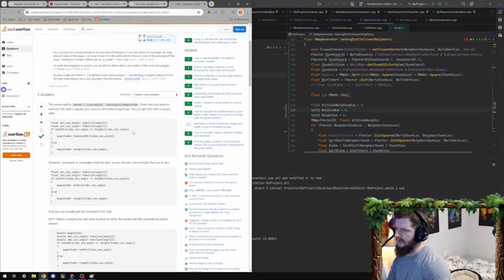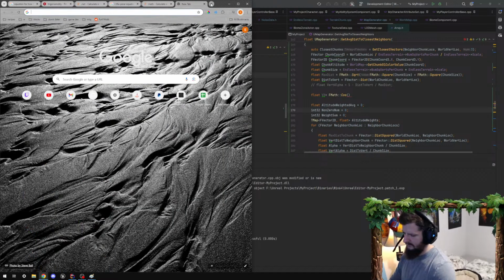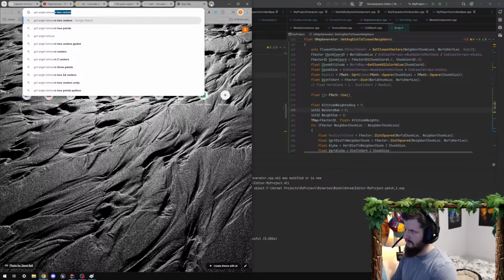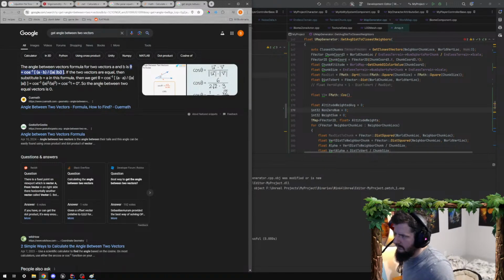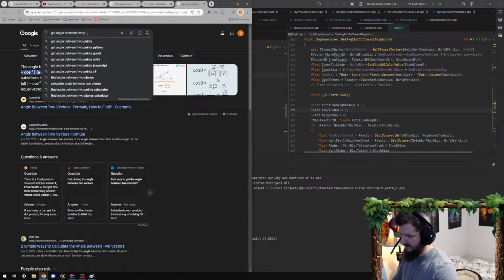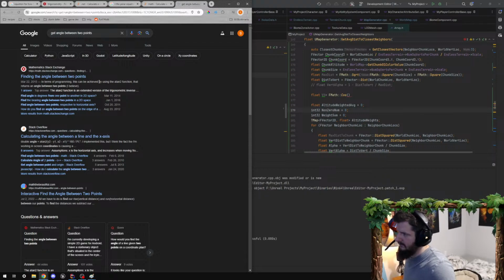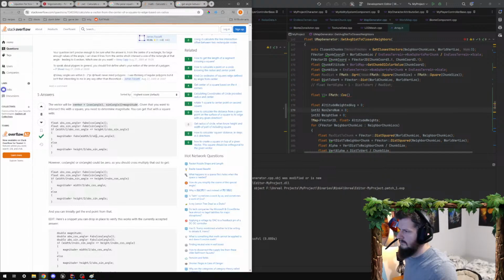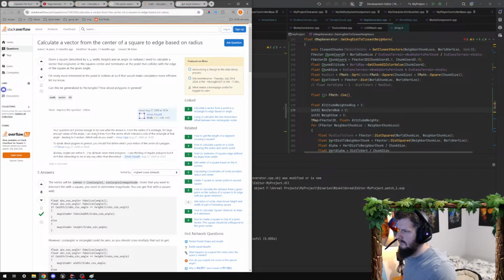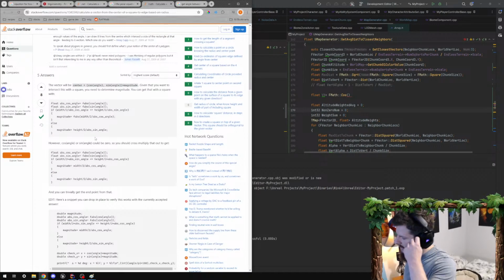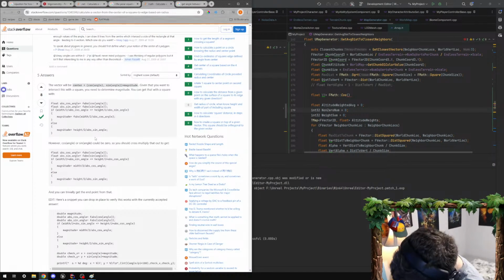So how do I get the angle between 2 points? Between 2 points, not vectors. Wait, isn't the angle gonna change based on what my coordinates are?